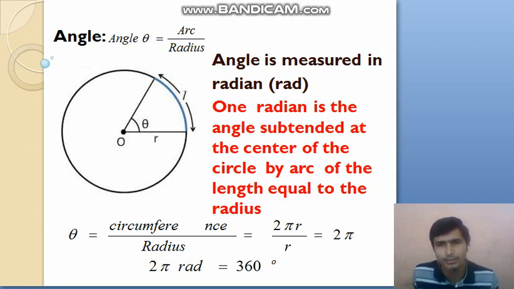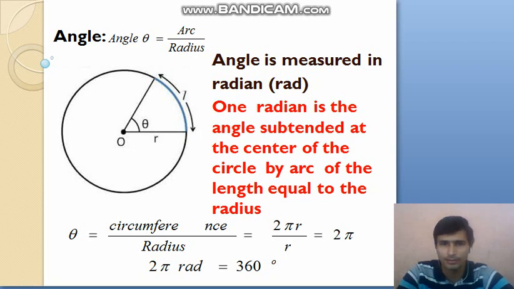So when the length of the arc is the same as the radius of the circle, the angle is considered as 1 radian.